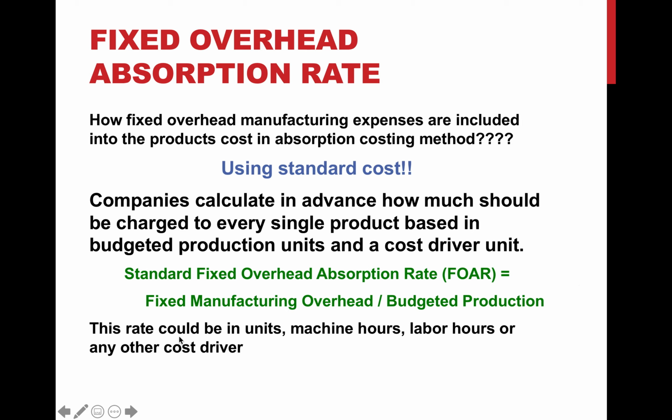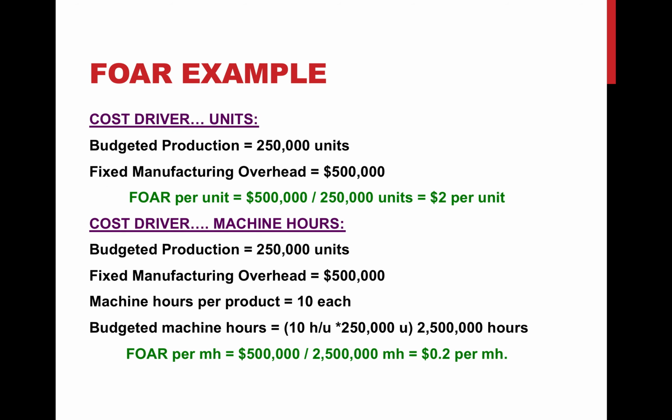So this rate could be in units, machine hours, labor hours, or any other cost driver. Remember that a cost driver is something that triggers a cost as you use a resource in order to generate more units of production. The activity level, remember?